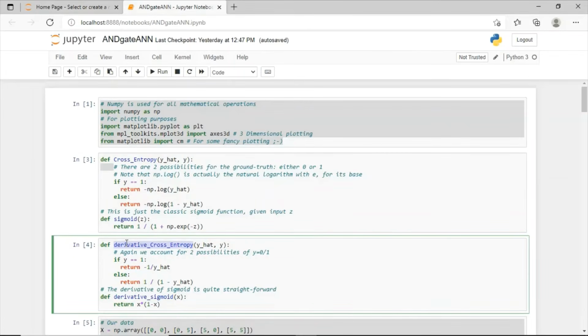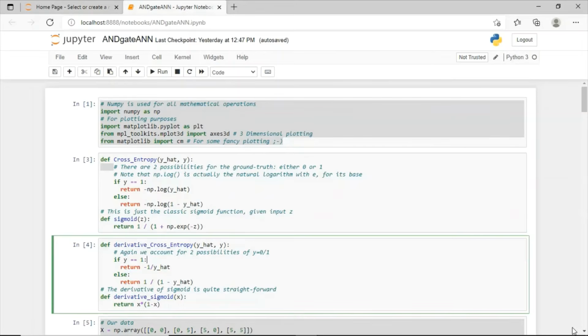Now, why are we using these two things? We know that we have to follow the two steps that I have been explaining. The first step is to find the derivative of the error with respect to the output y hat during backpropagation, and then the second is to find the derivative of the output y hat with respect to z. This is what we are doing.